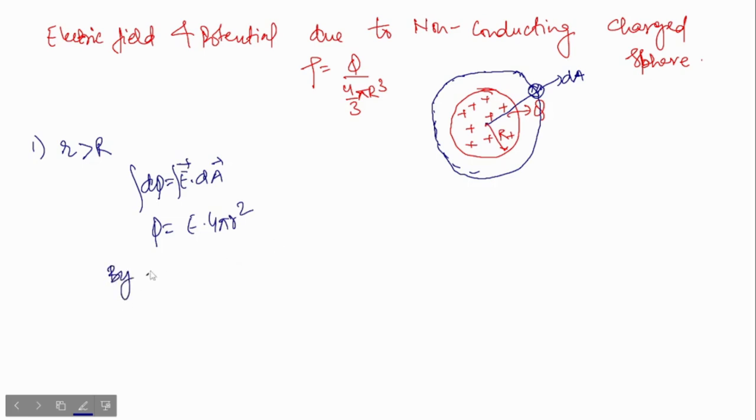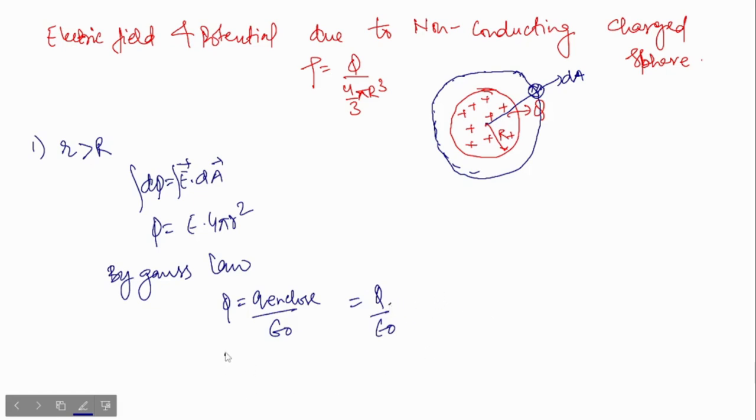Now, by Gauss law, what will be the flux? It will be Q enclosed upon epsilon naught, and here your Q enclosed is the whole charge on this sphere, that is capital Q. So we just need to equate this. On equating, what we get?